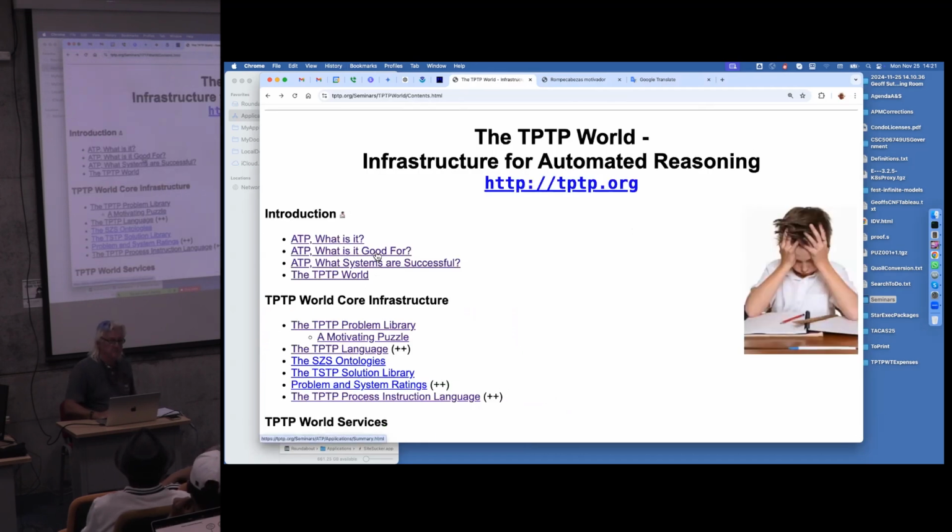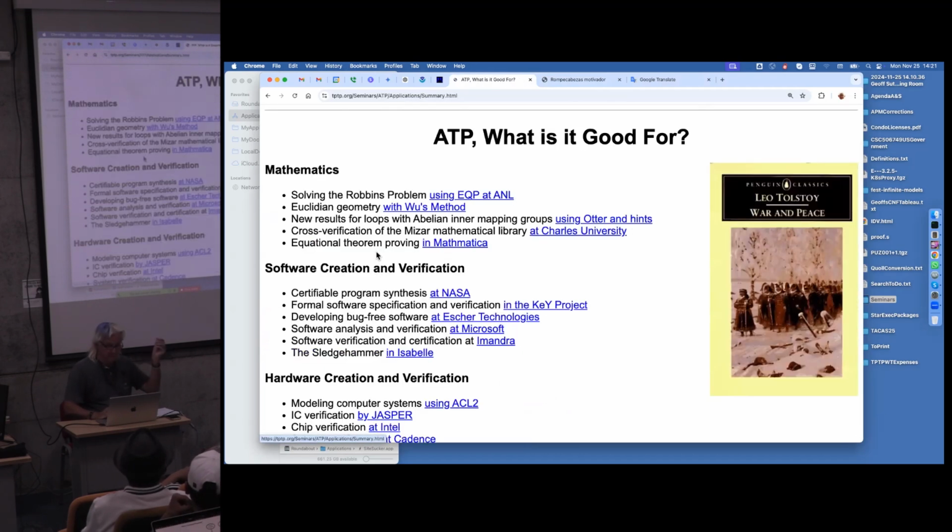So, next question. How do we make money with this software? The beginning of this software is from 1965, so 60 years now. And the beginning was for mathematics. And the very famous problem, you know this problem, Robbins' problem?